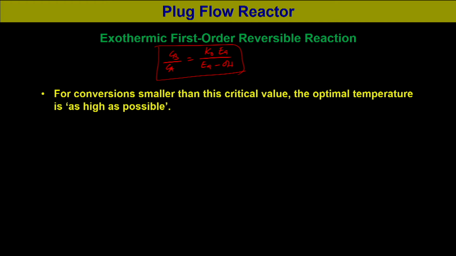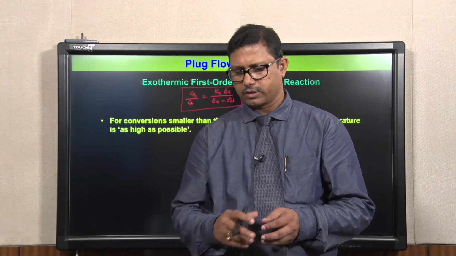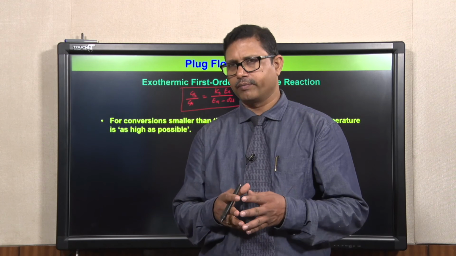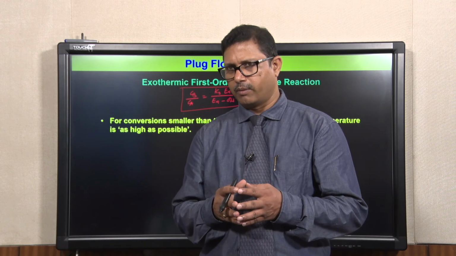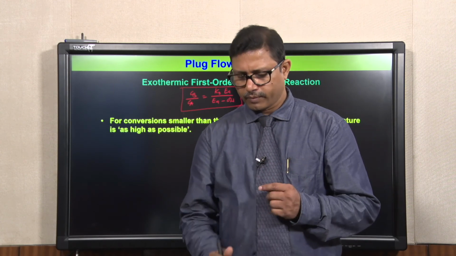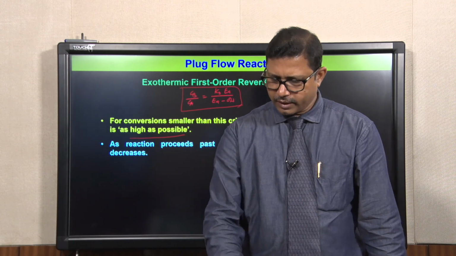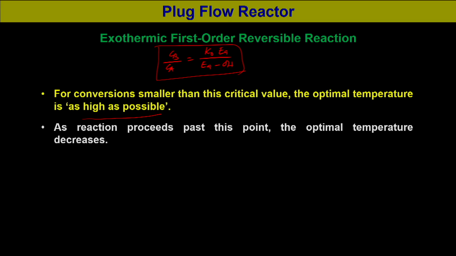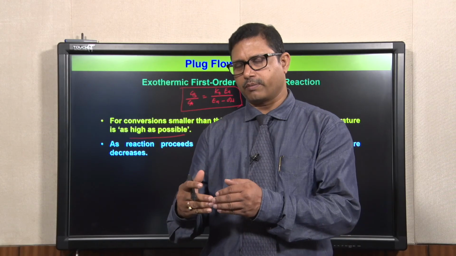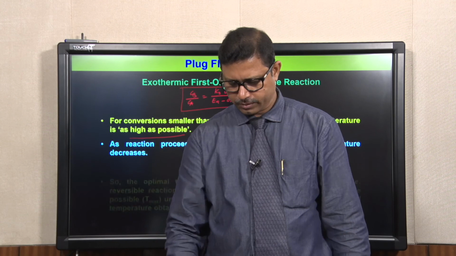So, if the conversion is smaller compared to this critical value, where the term inside the logarithm becomes 1, till that point the optimum temperature we should keep as high as possible. As the reaction proceeds past this point, the optimum temperature decreases. So, initially we should keep the temperature as high as possible, then decrease the temperature as the conversion increases.